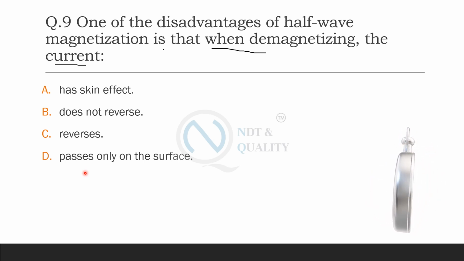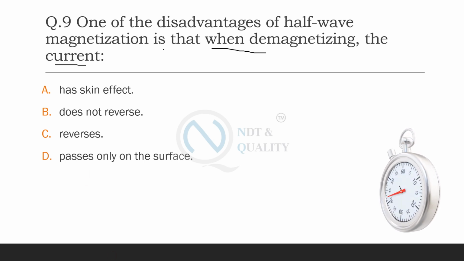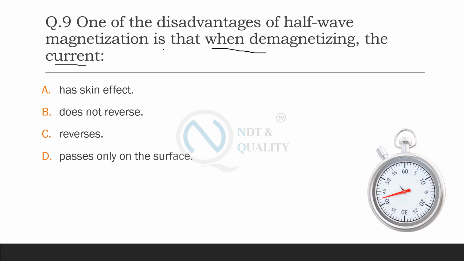The disadvantage of half wave magnetization. First of all, half wave magnetization means this is half wave. So does it reverse? No. Has skin effect? Yes, it has skin effect. But is this a disadvantage? No, it is not a disadvantage.